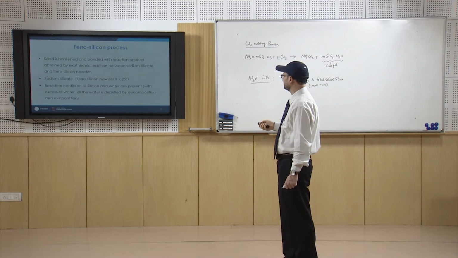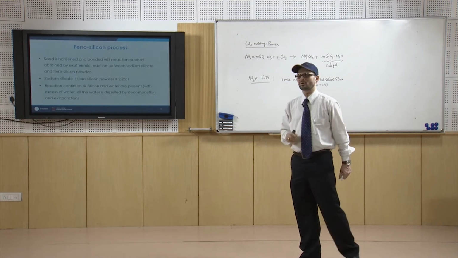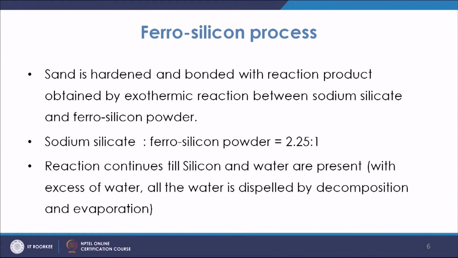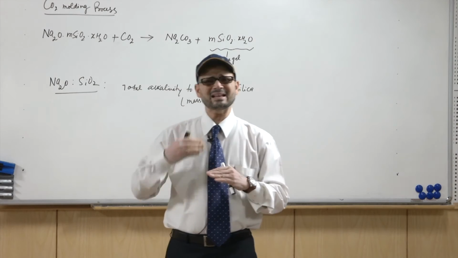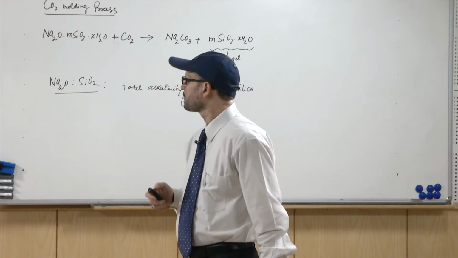Sodium silicate and ferro-silicon powder is taken in the ratio of 2.25:1, and this reaction continues till silicon and water are present. So, as long as silicon and water is present, the reaction goes on, and since the temperature is increased, the water vapor is dispelled off.